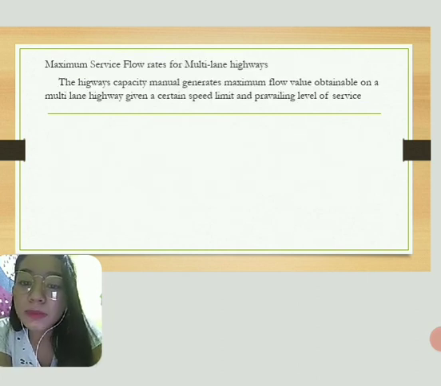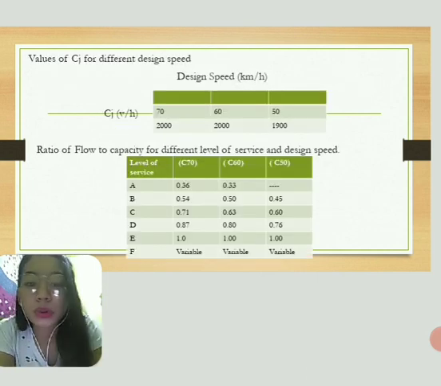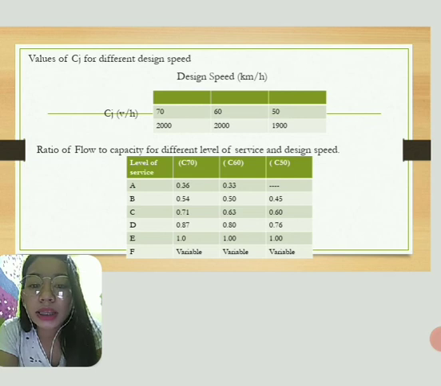For the maximum service flow rate for multi-lane highways, the Highway Capacity Manual gives the maximum flow value obtainable on a multi-lane highway given a certain speed limit and prevailing level of service. Here we have tables.